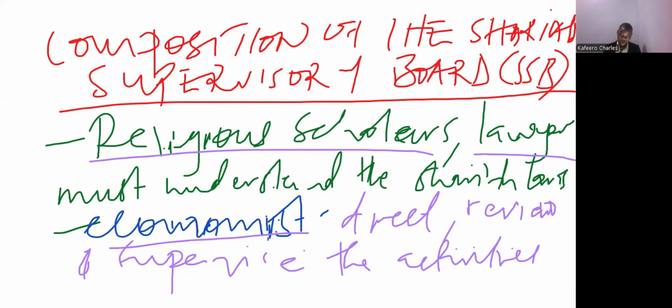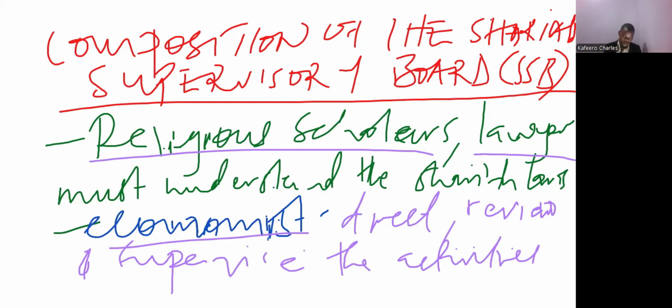So the board is supposed to have the religious scholars, the lawyers, and then the economists. For them, they are more in the reviewing and supervision for compliance and even doing the audit.